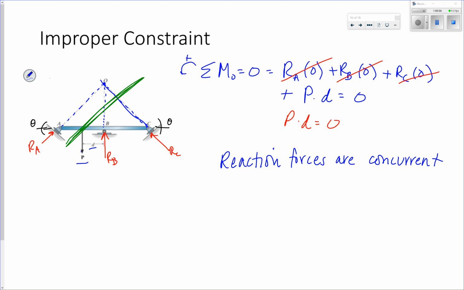That means that all of your forces, if you draw a line, will meet in one spot. The vectors along which they're acting will all meet in one spot.